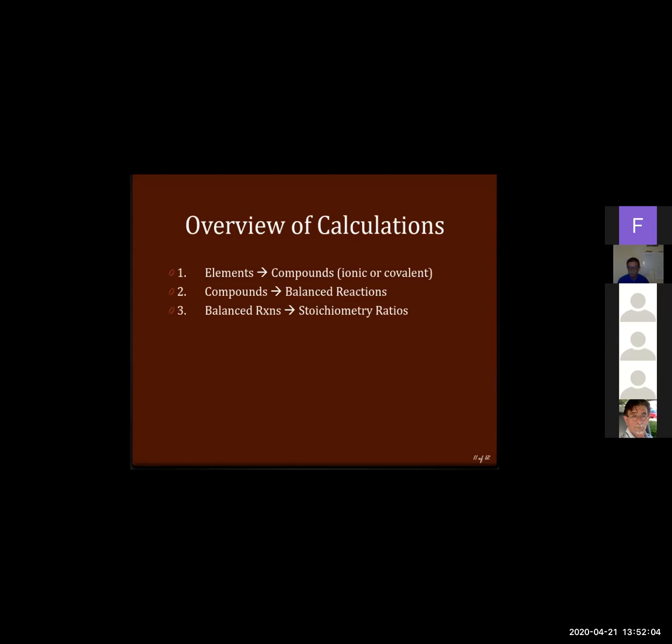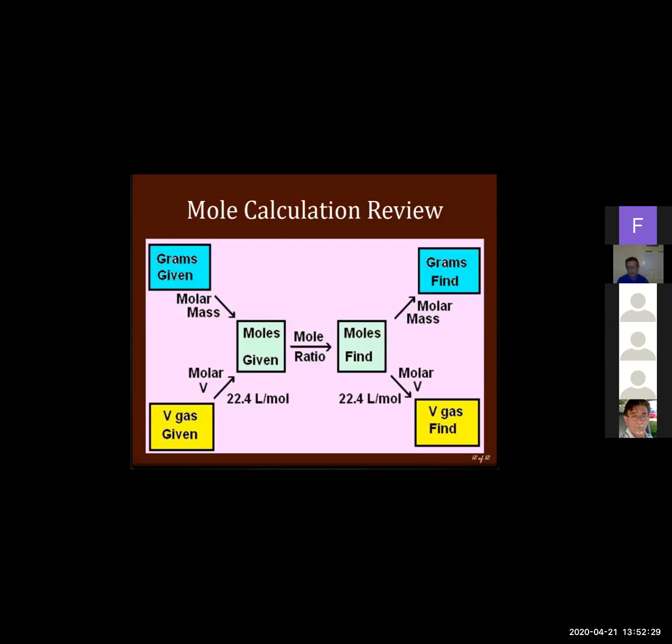We've got to balance it. From the balanced chemical reactions, we have that stoichiometric ratio between reactants and products. Based on those ratios, we can calculate reactants or products in terms of moles, grams, or volume, liters.